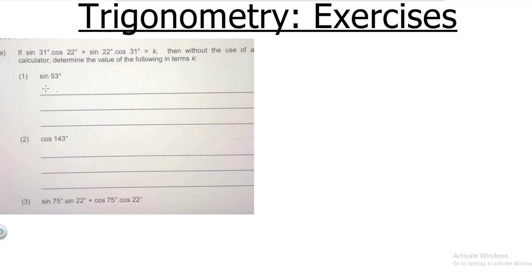Now, we have to look at this carefully. I can say maybe I don't know this question, but by thinking, I can do it.